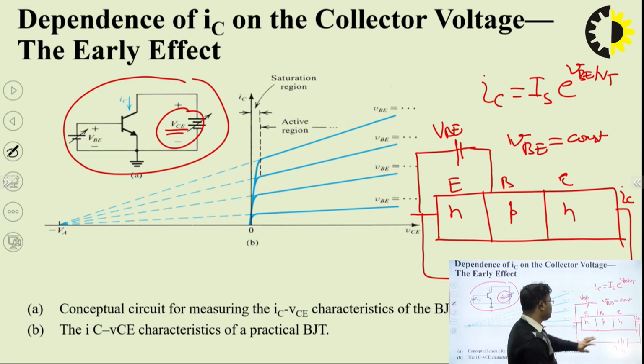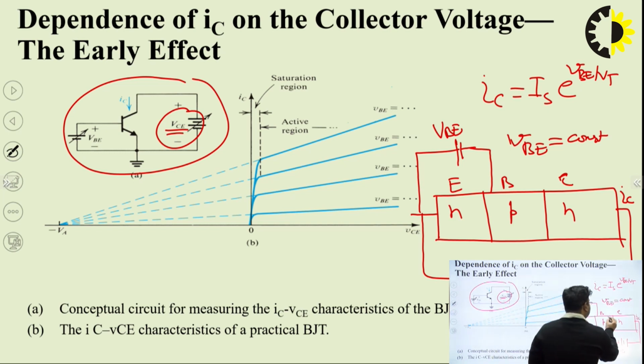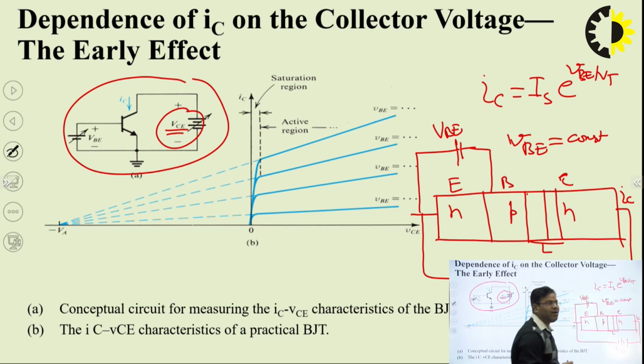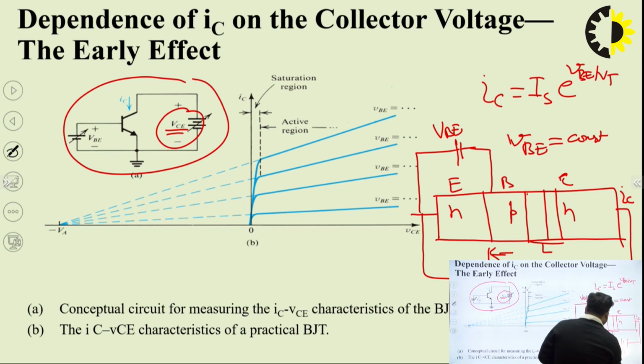So now we are increasing VC. What is the effect of increasing VC? This is a reverse biased PN junction diode, and this is the depletion width. You can write L, and the effective width of the base region will be WB, written as this.